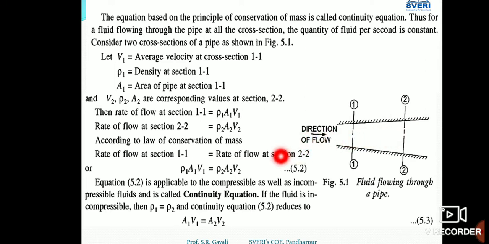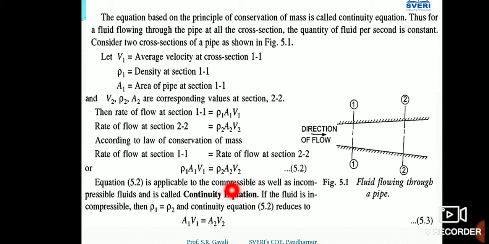As mass flow rate is given by rho A V, the rate of flow at section 1 is rho 1 A1 V1 and at section 2 is rho 2 A2 V2. According to the conservation law, rho 1 A1 V1 is equal to rho 2 A2 V2. This is the continuity equation, which can be applied for compressible as well as incompressible flow.